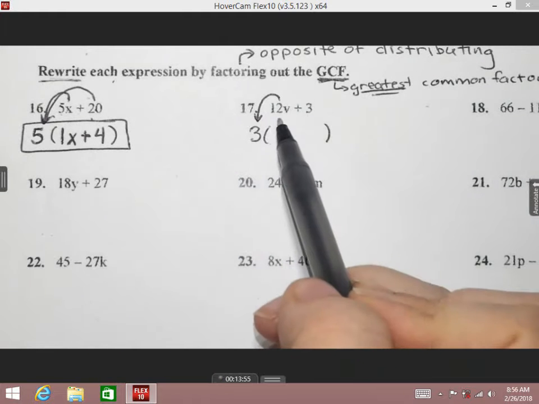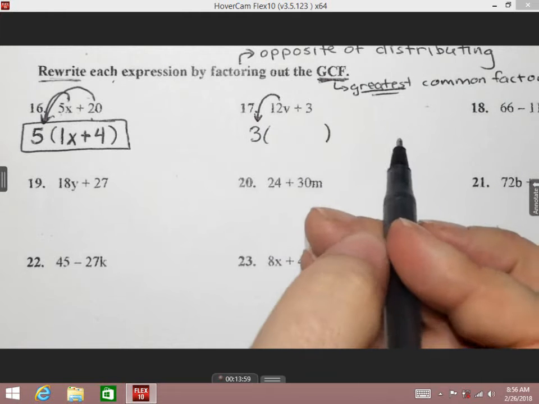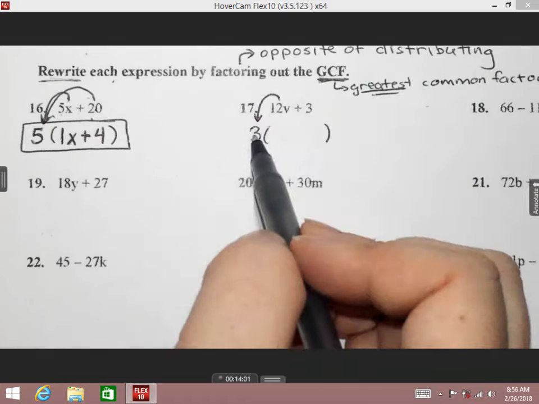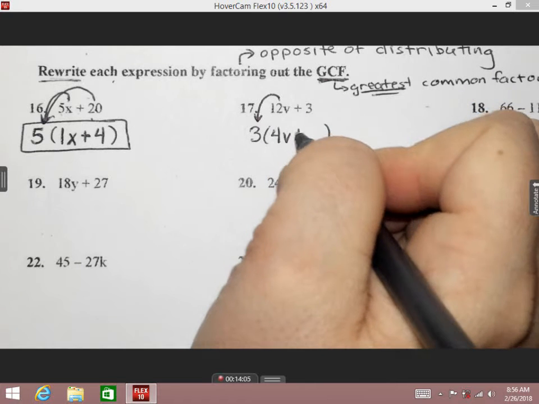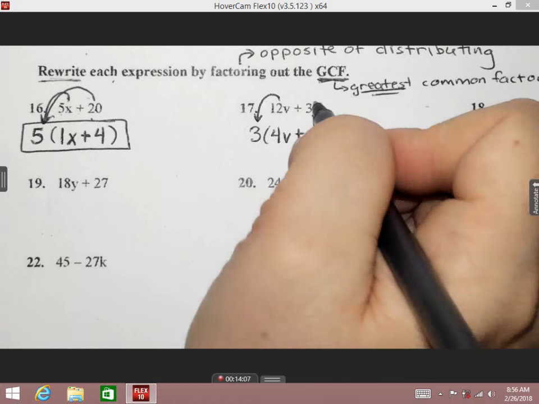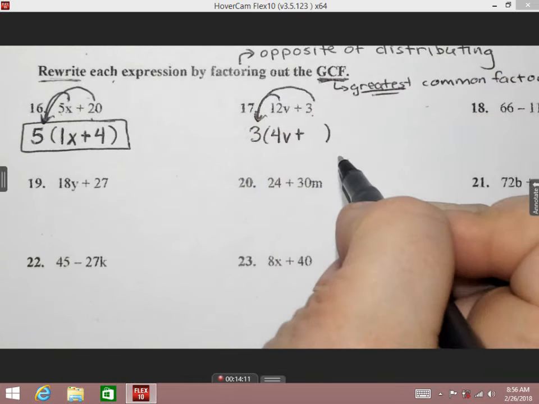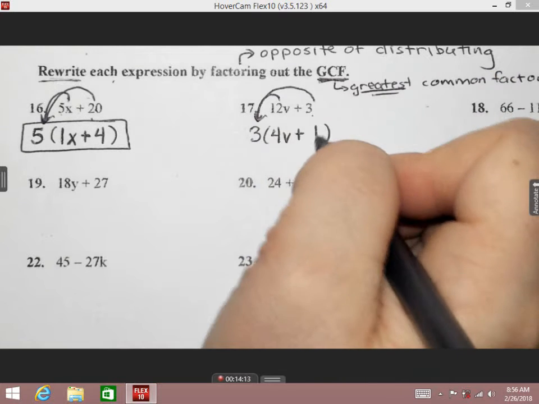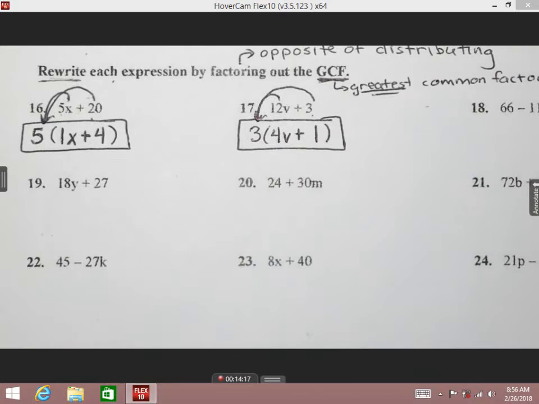So 12 divided by 3 is? 4. Keep your V. Plus 3, taking out the 3. 3 divided by 3 is? 1. Questions about that?